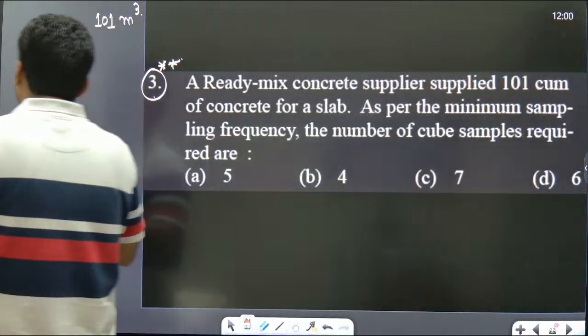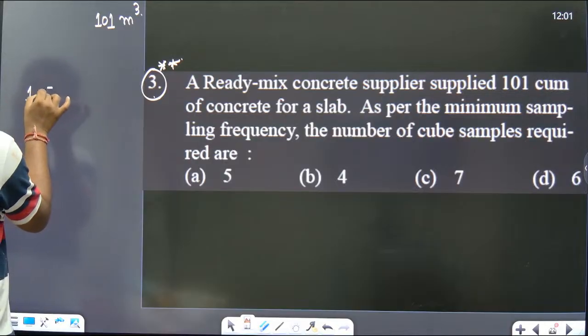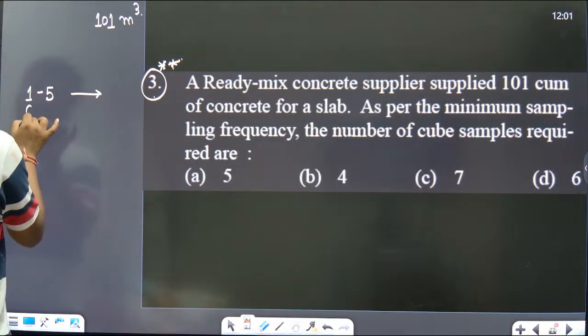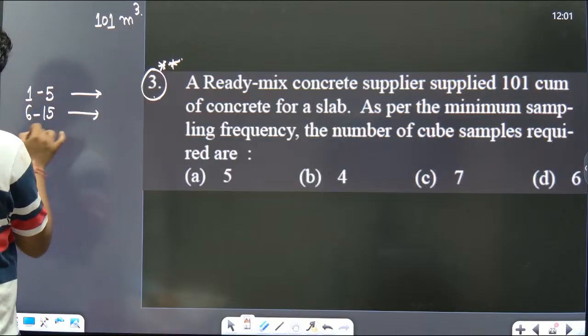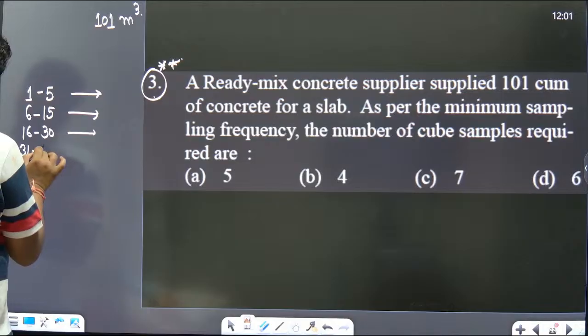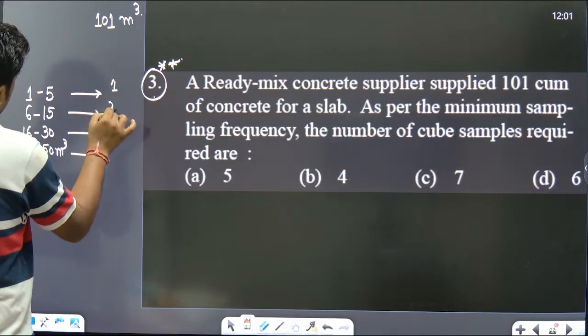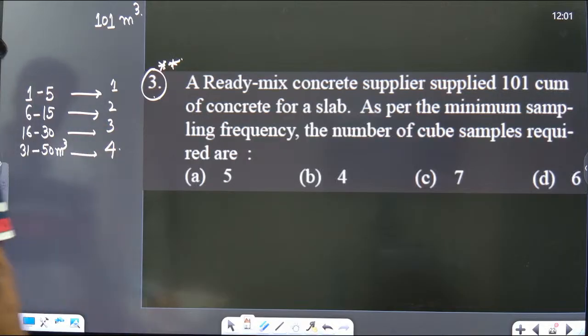Now you can see if the concreting is in the range of 1 to 5 meter cube, 6 to 15 meter cube, 16 to 30 meter cube, 31 to 50 meter cube, the number of samples are 1, 2, 3, 4.